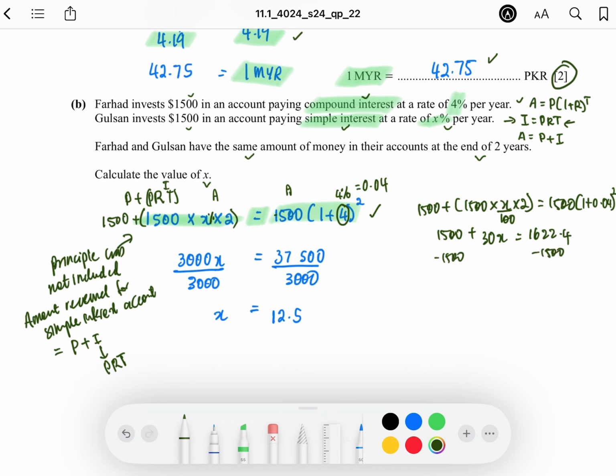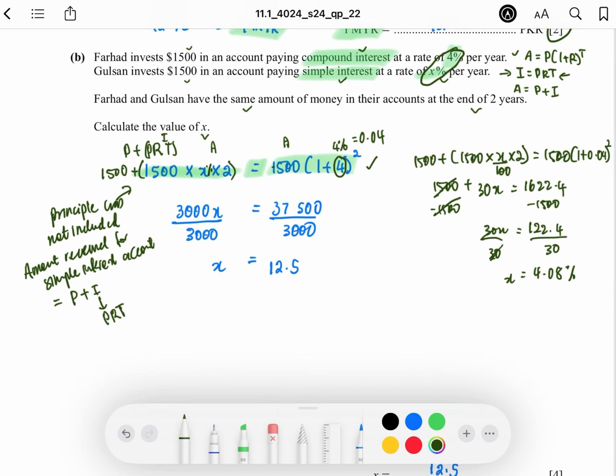Subtract 1,500 from both sides, and you get 30x equals 122.4. Divided by 30 on both sides, x equals 4.08%, which is not far from the one with compound interest.